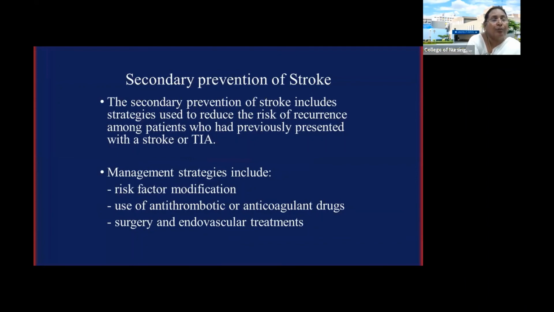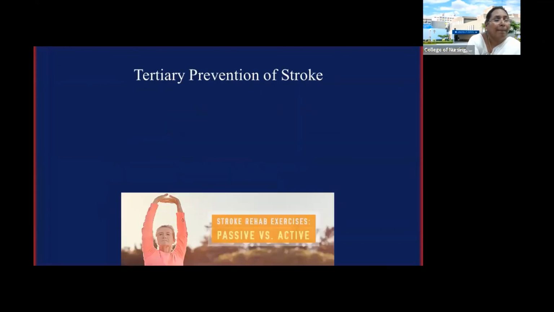Use of antithrombotic or anticoagulant drugs are very helpful. Sometimes statins will be used, sometimes antihypertensives will be used, to prevent recurrence of stroke. There are also some surgeries and endovascular treatments being done like CEA and all that. That is also inclusive in the secondary prevention.